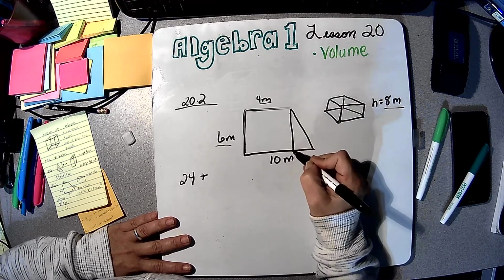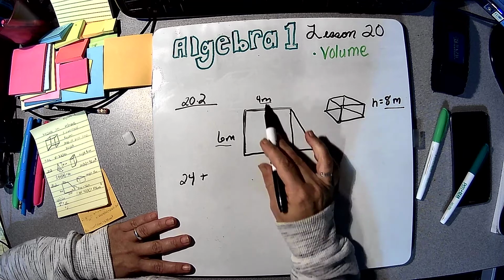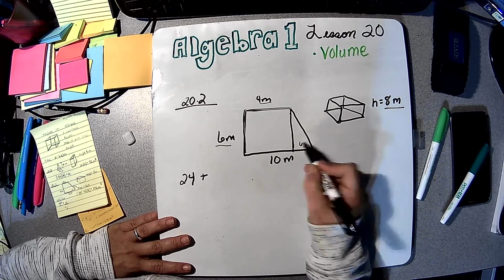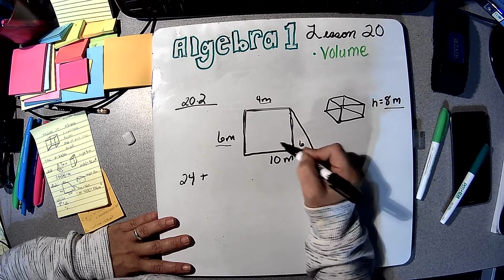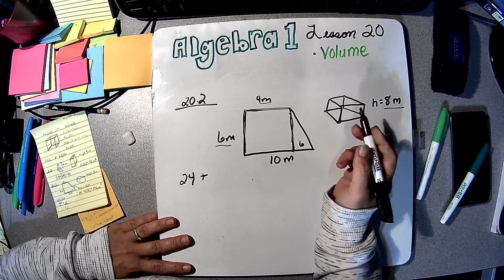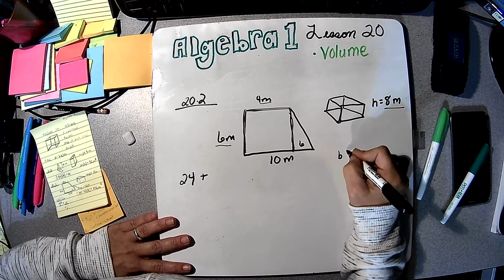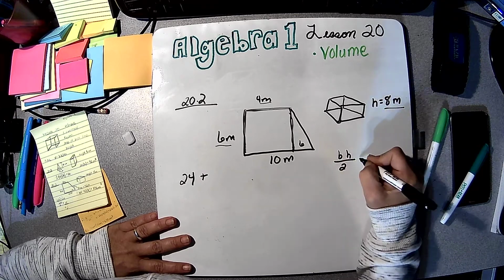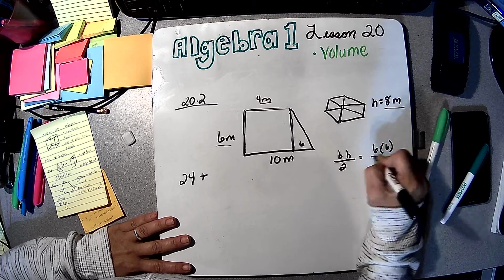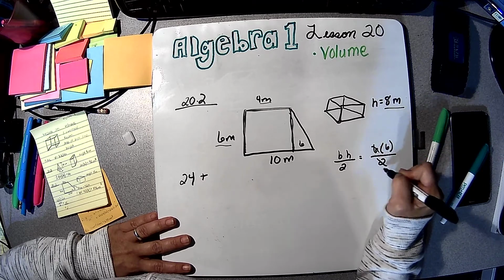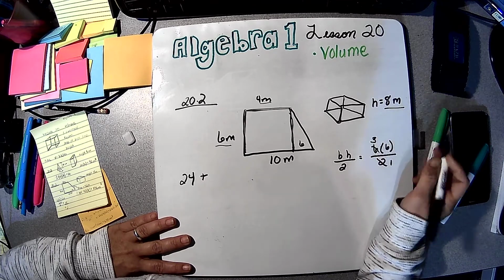Well, if it's 10 all the way across and I've got 4 up here, that means this part's 6. And it's 6 high. So 6 times 6 is 36. Half of 36, because it's base times height divided by 2. So that's 6 times 6 divided by 2. We can cancel here. 3 times 6 is 18.